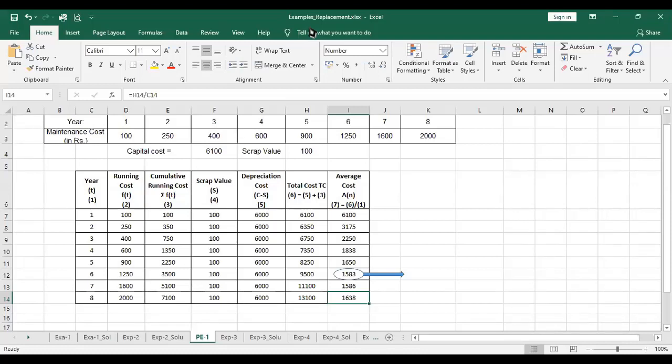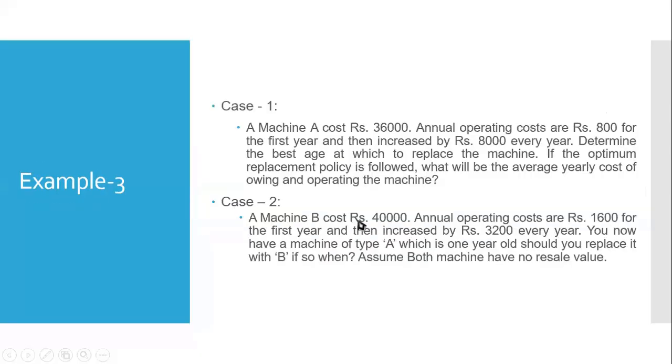Now the next example is related to the comparison of two machines. Okay, so that is what our second mode of the example is, wherein we are comparing the existing machine with the older one and we are replacing based on that decision.